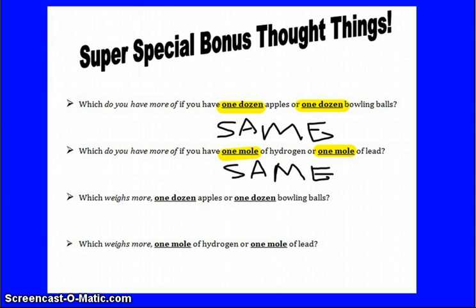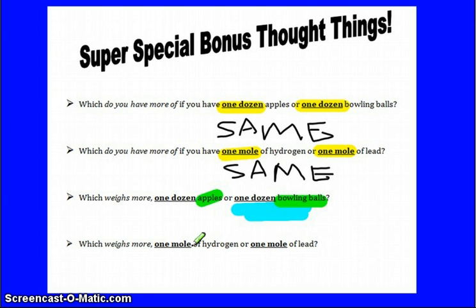Now, which weighs more, a dozen apples or a dozen bowling balls? Hopefully you remember that a bowling ball is bigger than and weighs more than an apple. So 1 dozen bowling balls would indeed weigh more. So which weighs more, 1 mole of hydrogen or 1 mole of lead?